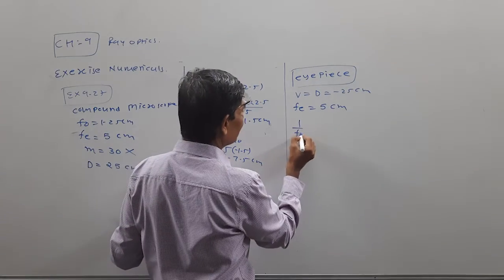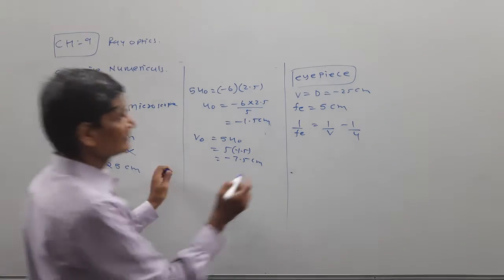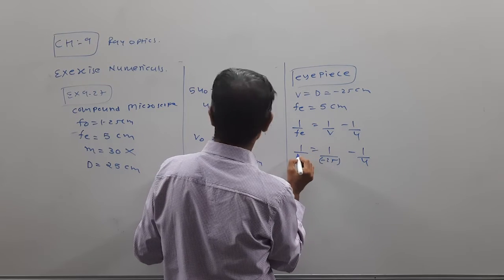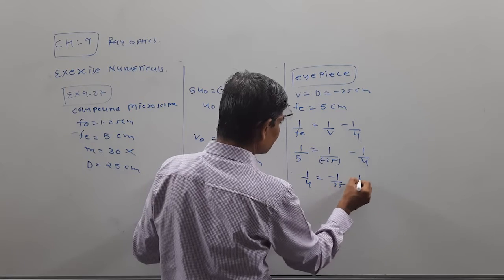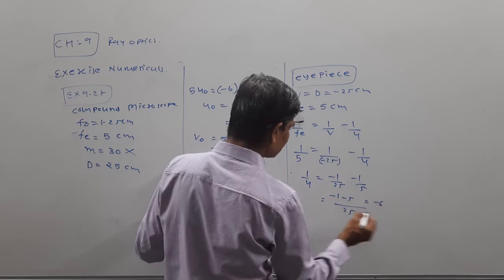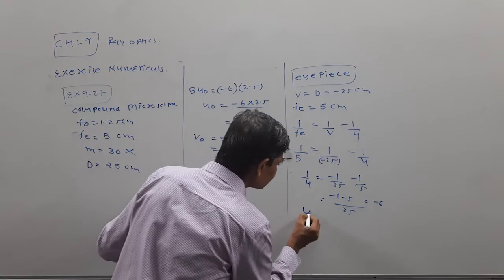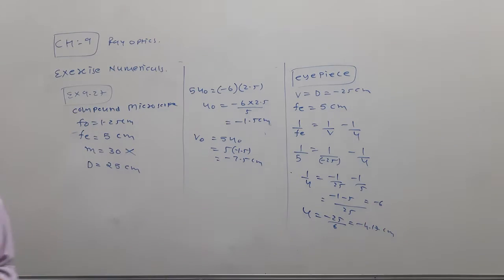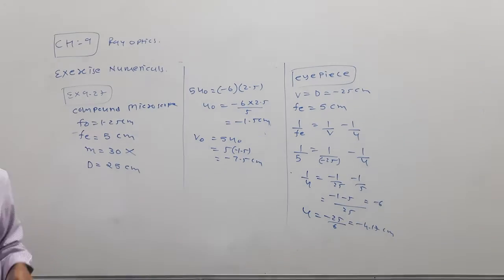Again, 1 by FE is 1 by V minus 1 by U. So 1 upon U will be minus 1 by 25 minus 1 by 5. Again 25 is the LCM. Minus 1 minus 5, minus 6, so that will be 25 by 6. This is the object distance for the eyepiece.